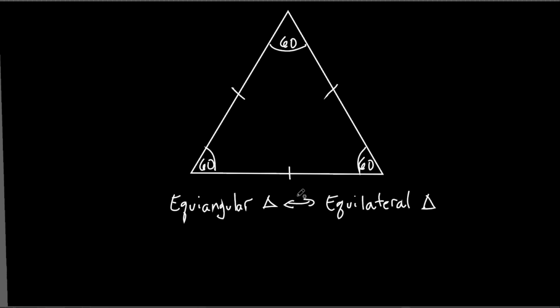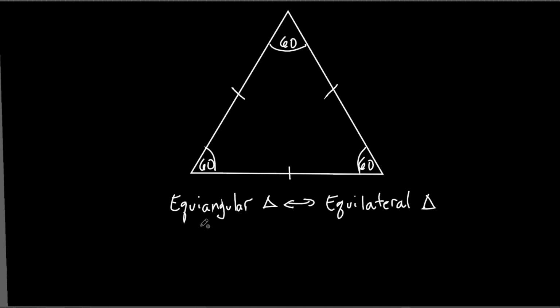You don't have to know this, I don't care if you know this or not, but they call it a biconditional statement, which means if this goes to this, then this goes to this, so the arrow is in both directions. I could write two statements.